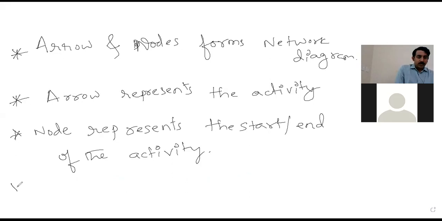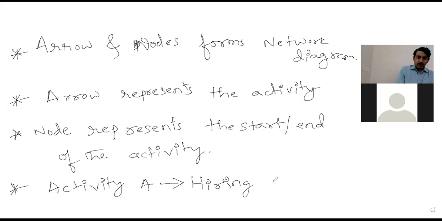Now let us assume that there is one activity, activity A. Let us assume that this activity is hiring of employees. So how do we represent this activity in the network diagram? That is the next question. Activity A is hiring employees.